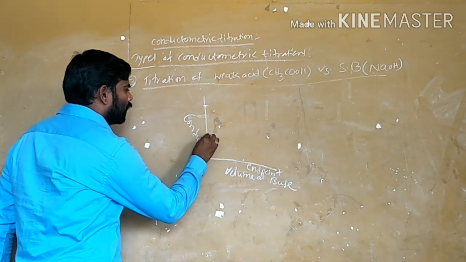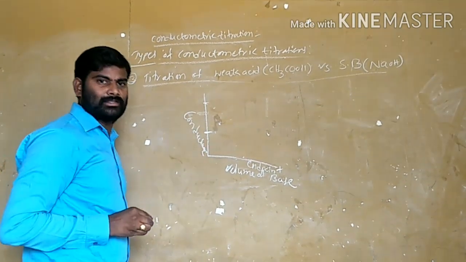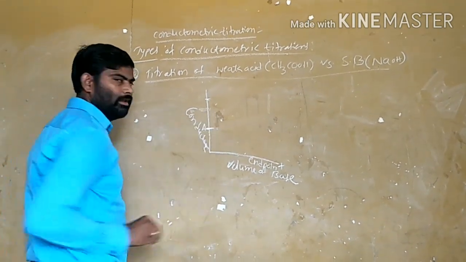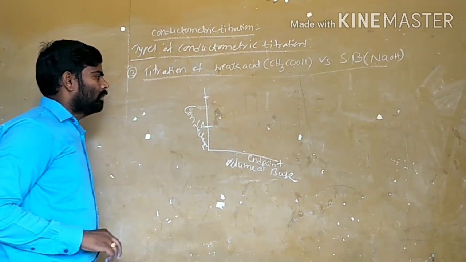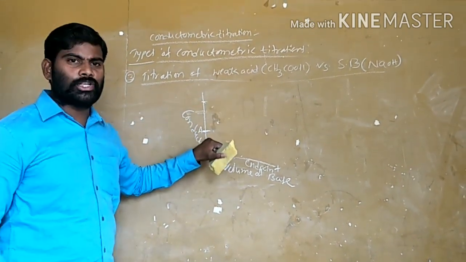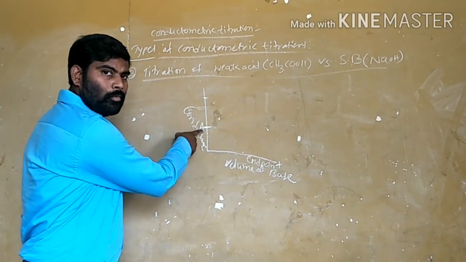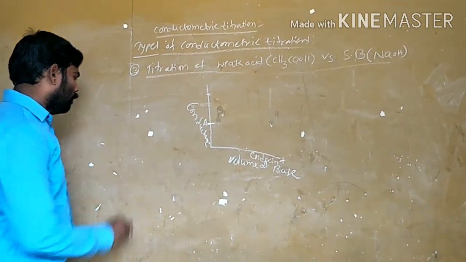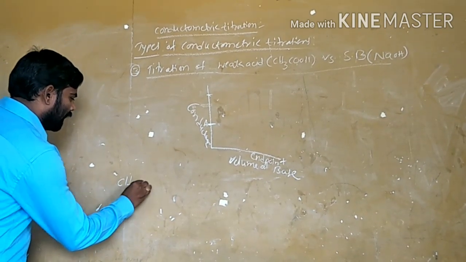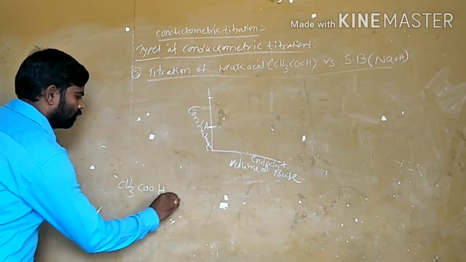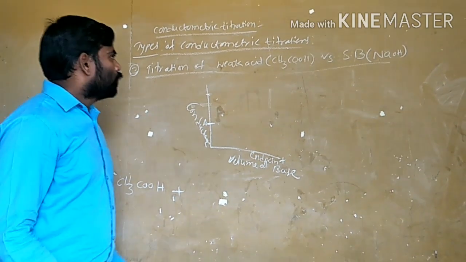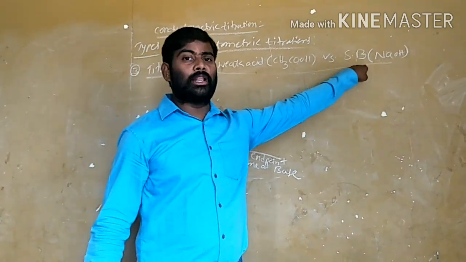Initially the conductance value will be low, that is shown by the point A. Weak electrolytes are partially ionized, that's why the conductance value is low, that is shown by the point A. Now to this weak acid, from the burette what are we adding? We are adding the strong base.